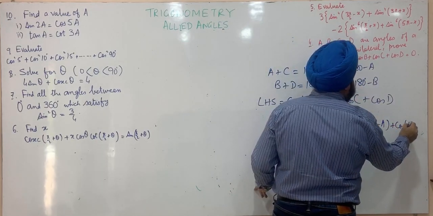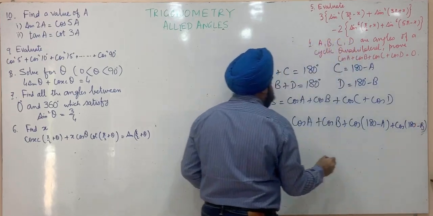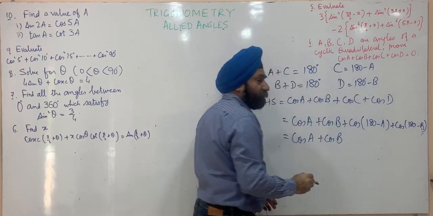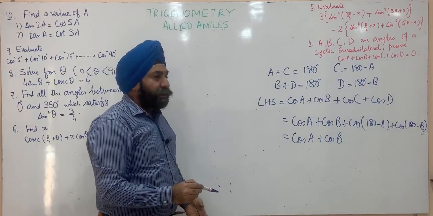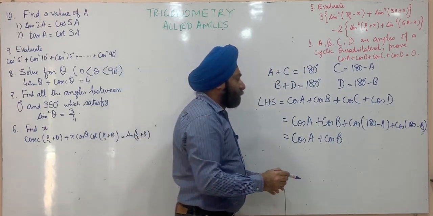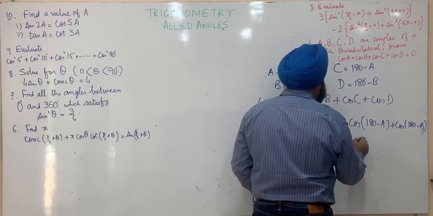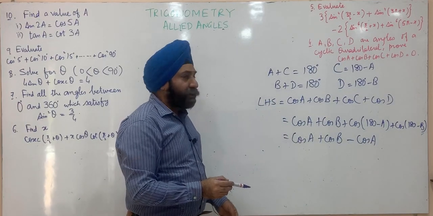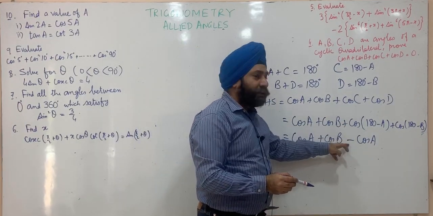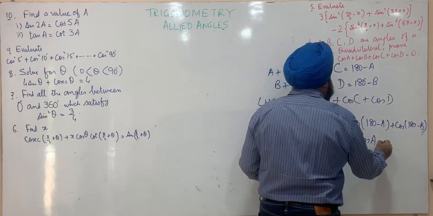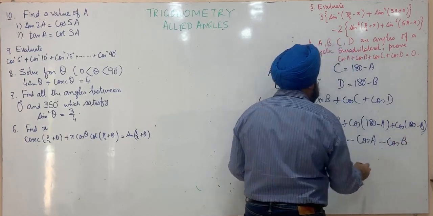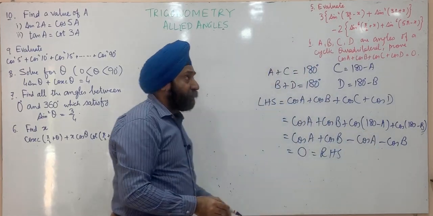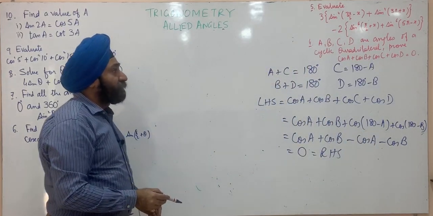This is cos a plus cos b, cos(180 minus a), cos(180 minus b). 180 is an even multiple of 90 degrees, so the ratio will not change, but the sign changes. 180 minus a is in the second quadrant where cos is negative, so that negative sign here, and very similarly this is minus cos of b. So positive and negative terms will cancel out and we have 0, same as the right hand side.